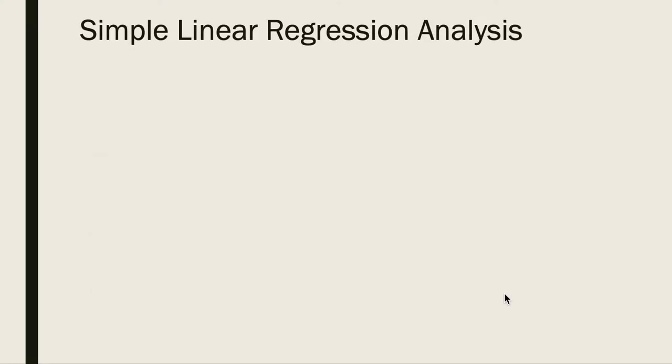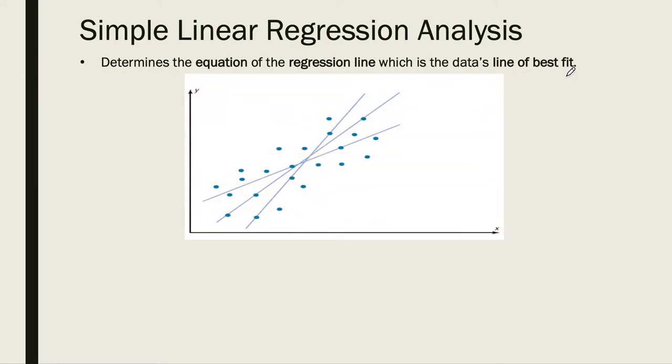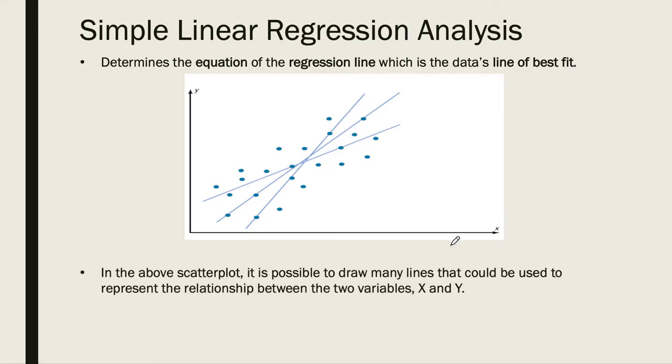In simple linear regression analysis, we first need to determine the equation of what we call the regression line. The regression line is the data's line of best fit. Imagine this scatter plot here. In the scatter plot, it is possible to draw many lines that could represent the relationship between the two variables x and y.